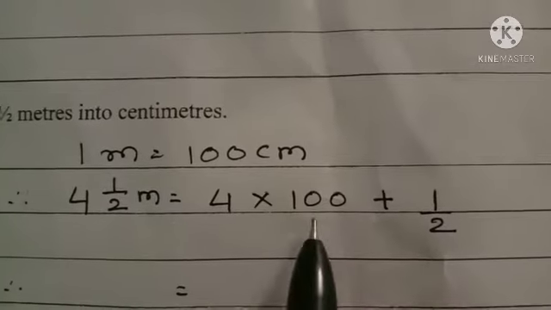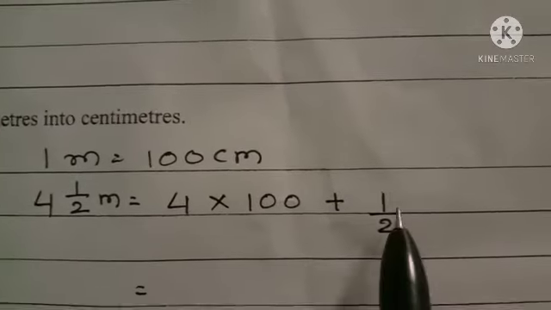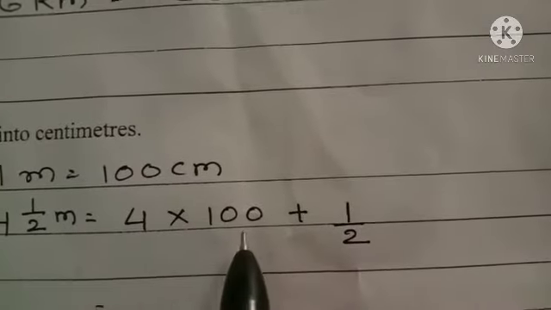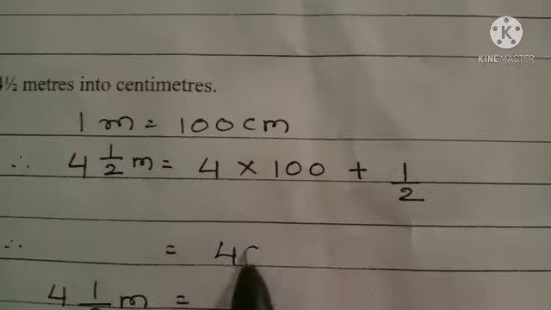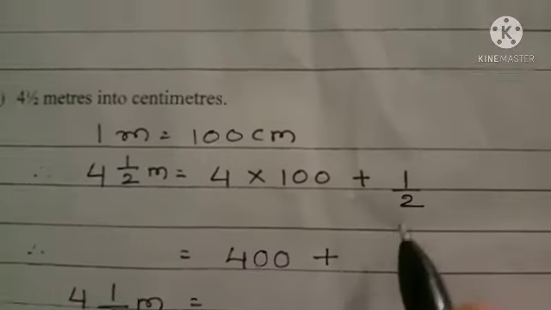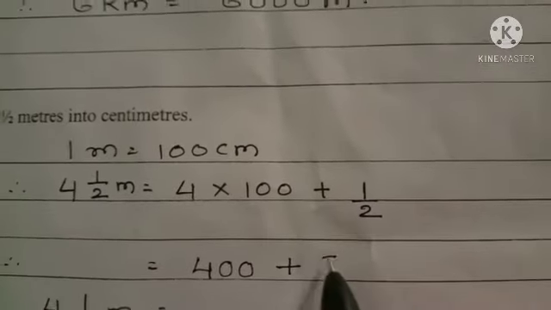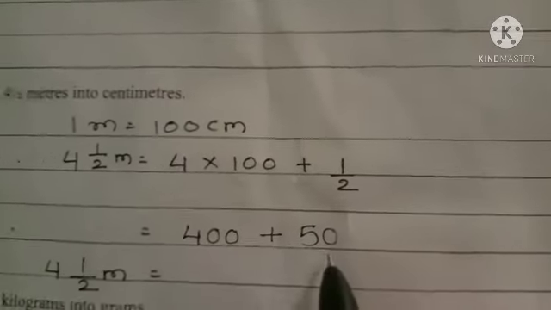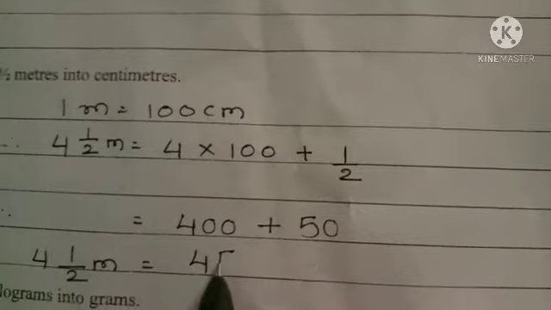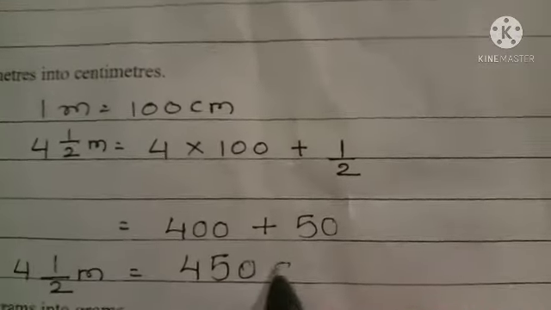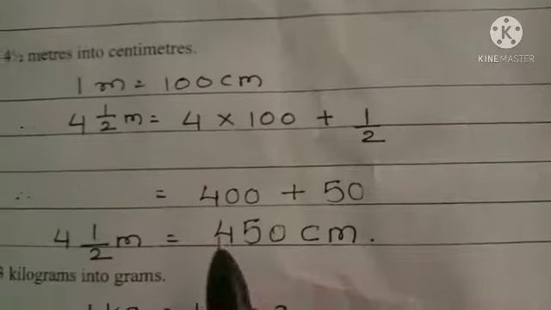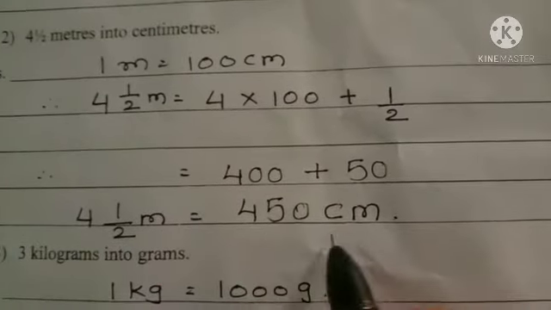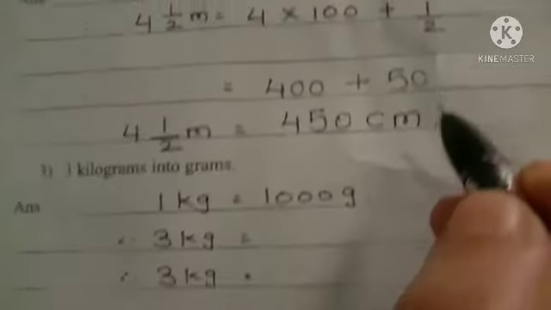So 4 multiplied by 100, and we'll separate this half meter. 4 multiplied by 100 is 400, and plus this half meter, that is 50 centimeters. So 400 plus 50 centimeters is 450 centimeters. So 4.5 meters is equal to 450 centimeters.